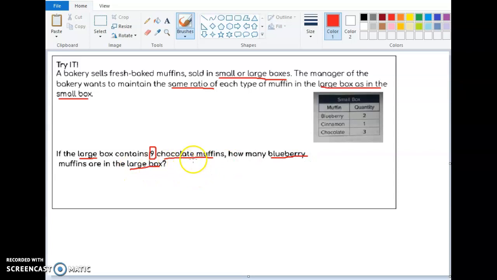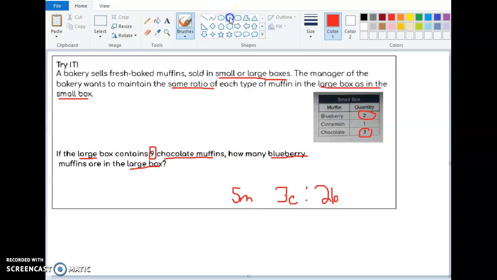Okay, so we're comparing chocolate and blueberry. So I care about this blueberry and this chocolate. So I have in the small one, I have 3 chocolate to 2 blueberry.